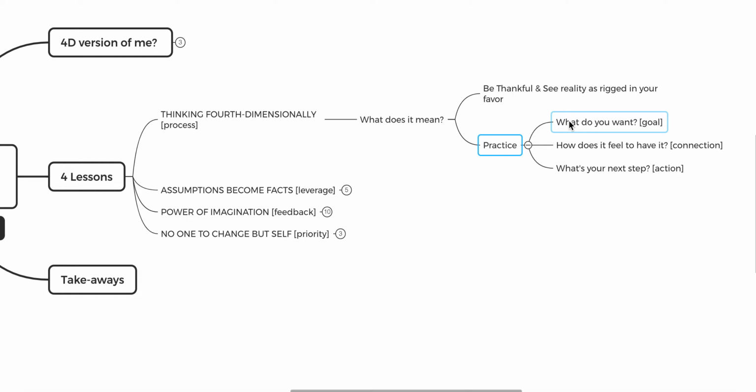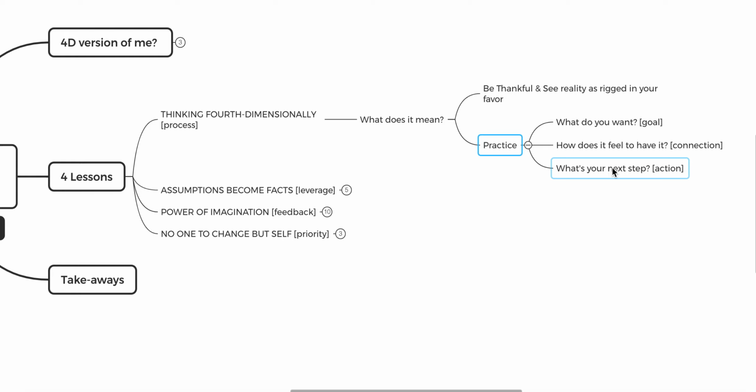So ask yourself, imagine yourself having it. And by imagining, you directly connect to that version of you that is already having it.